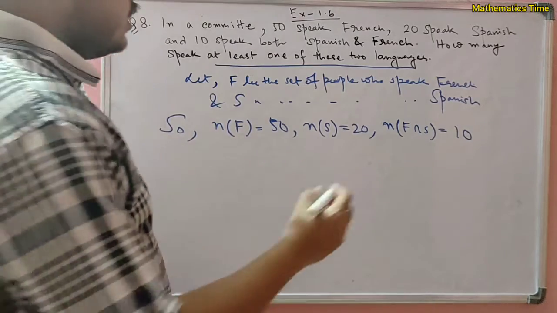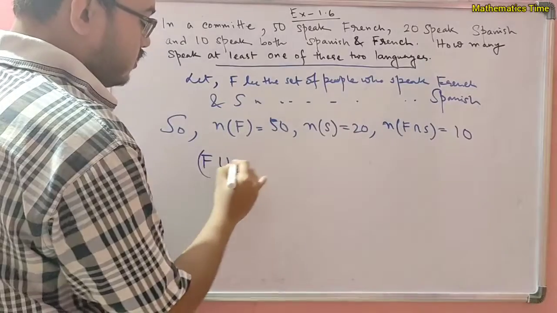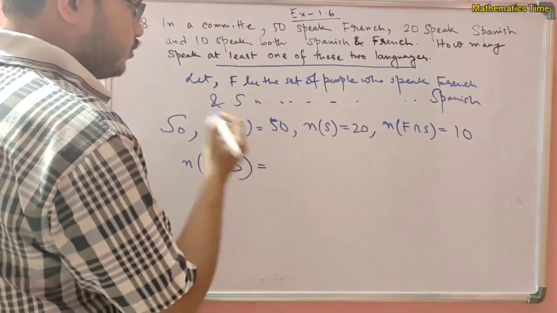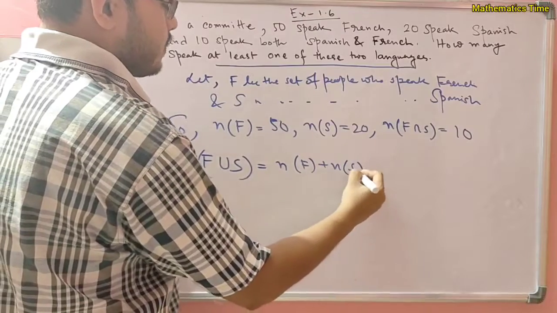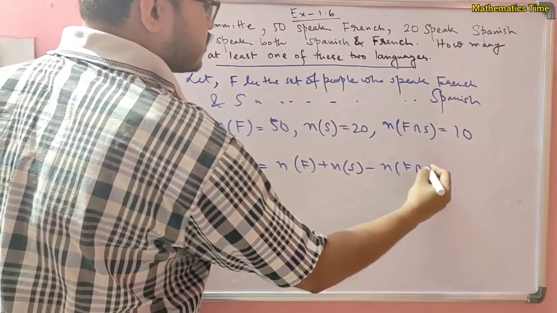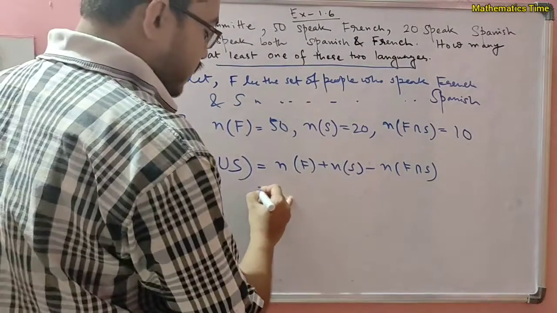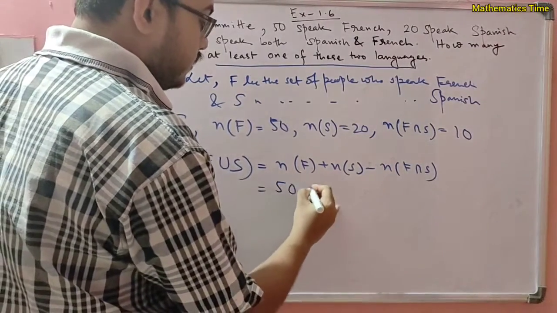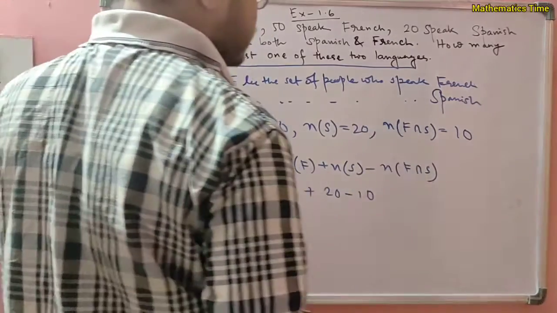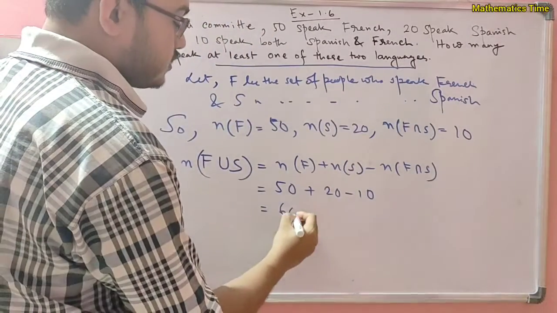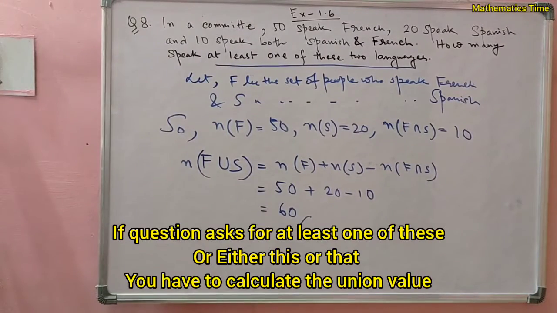That is the union set, so n of F union S we have to calculate. The formula is n of F plus n of S minus n of F intersection S, the first formula we discussed today. n of F is 50, n of S is 20, and n of F intersection S is 10. So the answer is 60. So 60 speak at least one of these two languages.